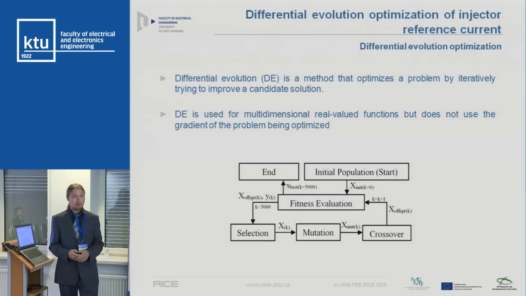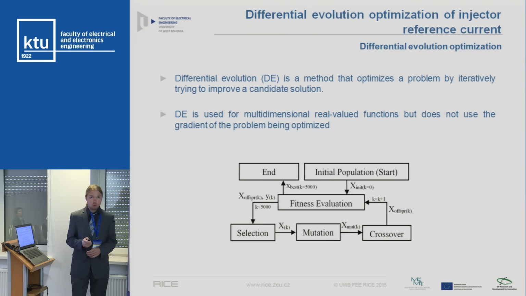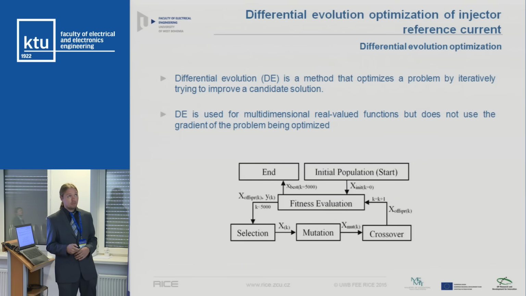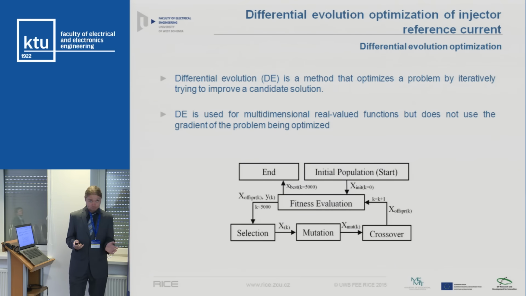I will talk about it later. And for this real value global optimization problem, we chose differential evolution, which is a well-known and very good method for real space problems.